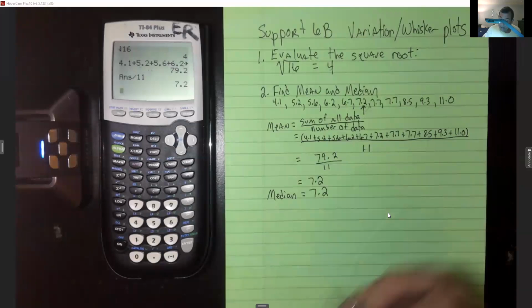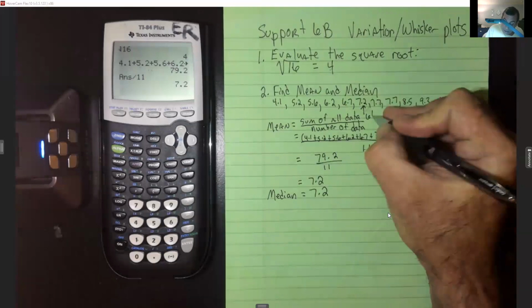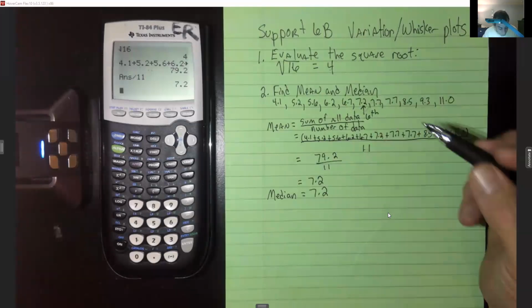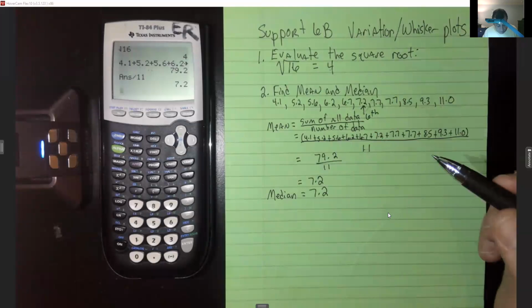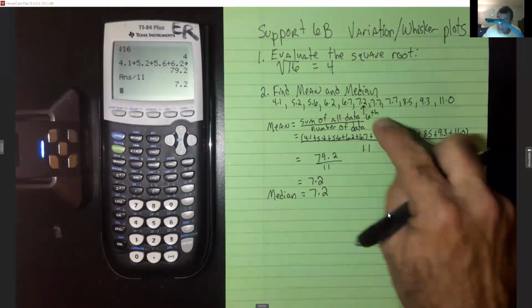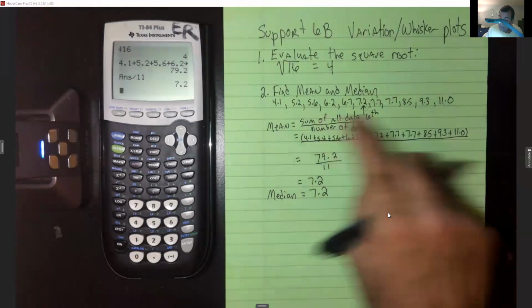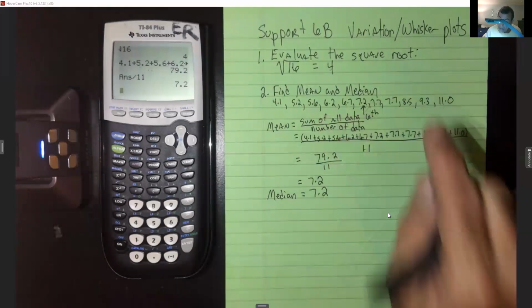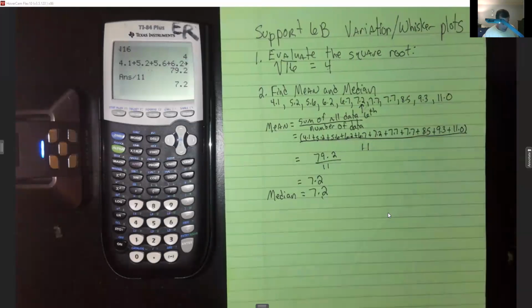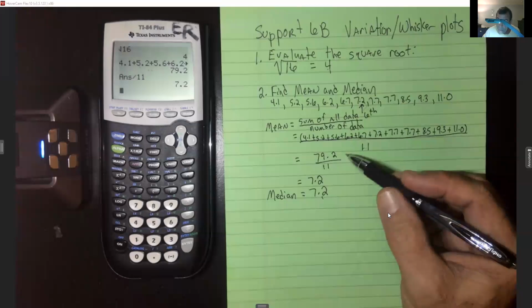And the way I found that was the sixth number. So in the homework, they'll ask you the median is the blank value in the sorted data. It'll be the sixth value since it was an odd one and you had 5 on both sides. And its value was 7.2. And if you notice, they'll ask you, are they greater than, less than, or equal? Well, look here.